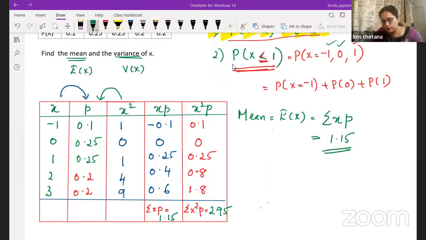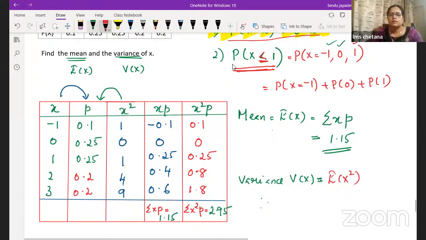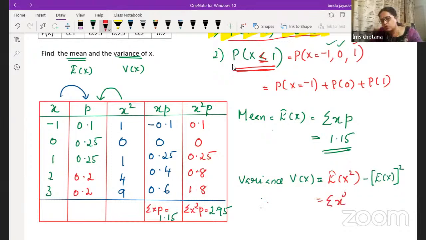Second part, variance, that is V of x. What is the formula? I'm writing the formula: E of x square minus box bracket E of x the whole square. Now this E of x square, what is the formula? Sigma x square p.